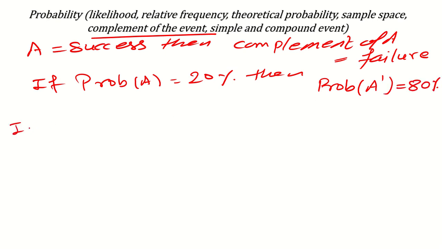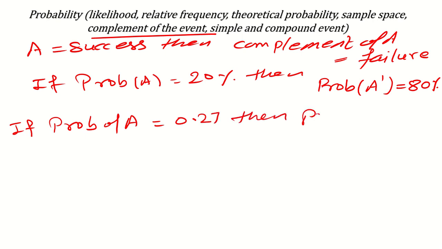Similarly, if you have it in decimal, if the probability of A is 0.27, then the probability of its failure, A complement, will be 1 minus 0.27, which is 0.73.